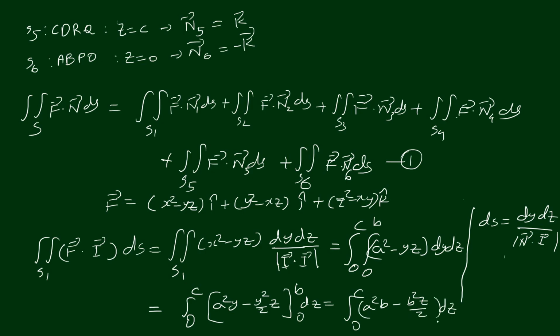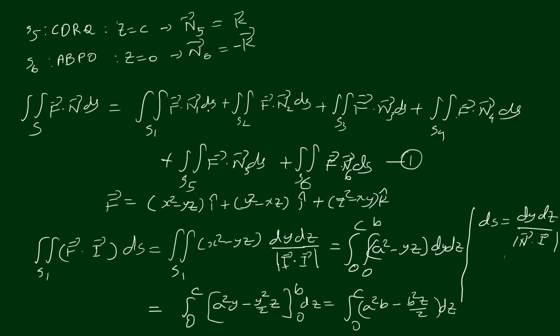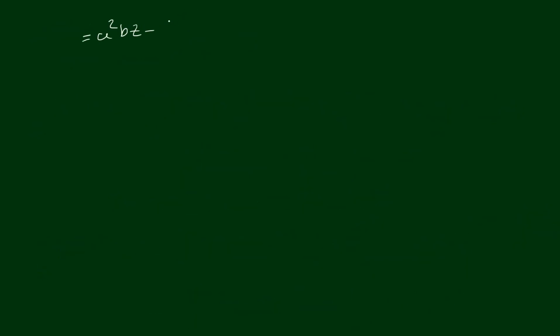Now integrate with respect to z. a² b is constant, so the integral of a² b is a² b z, minus b²/2 is constant, and the integral of z is z²/2, so you'll get z²/4, from 0 to c. Now we put the upper limit for z: a² b c − b² c²/4. If you put the lower limit, it is 0. So this is our S1.